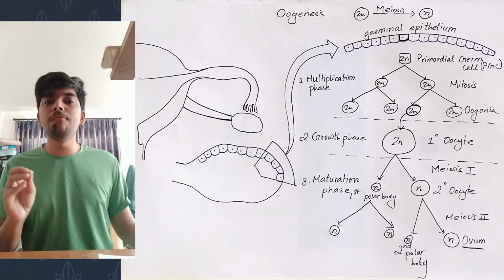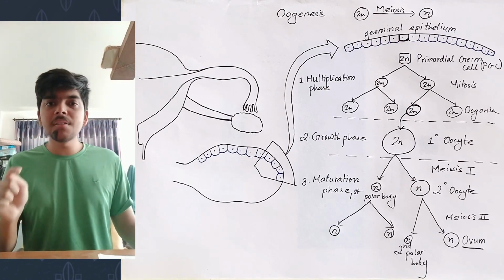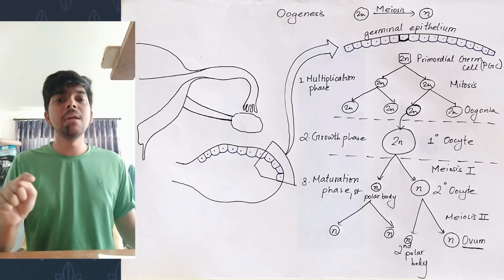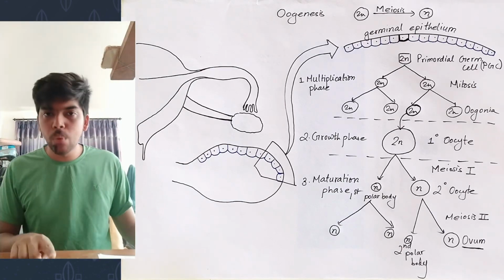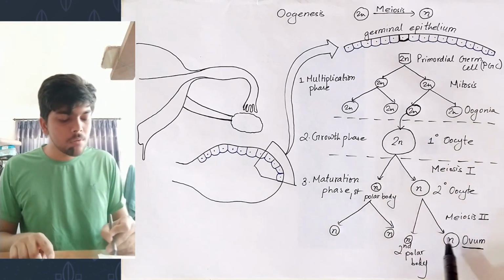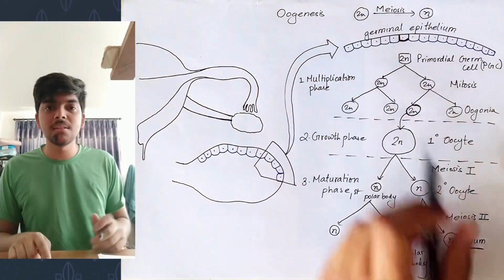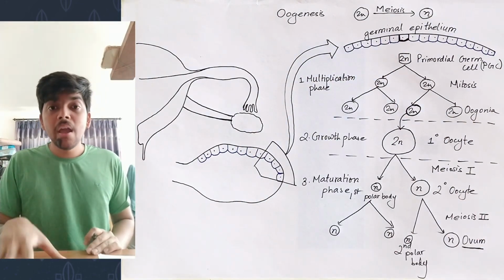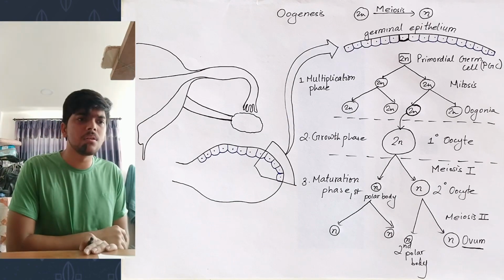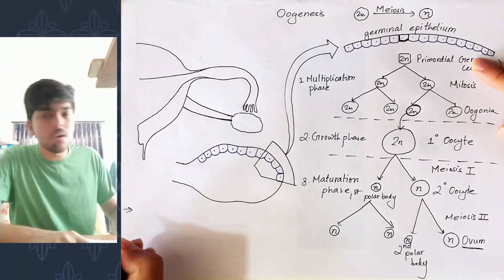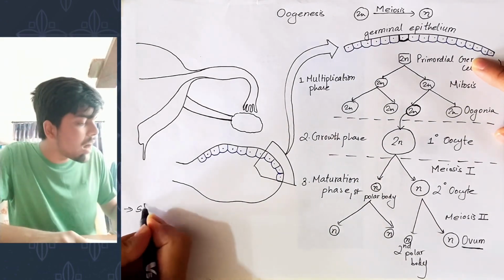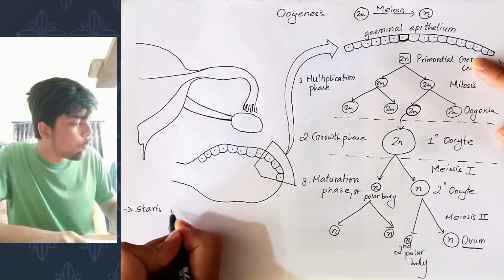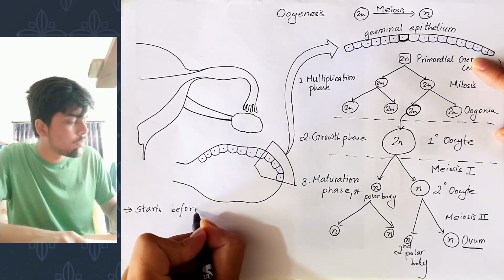The process of formation of sperm starts in male as soon as the boy hits puberty. However, the process of formation of ovum or egg, or oogenesis, starts in girl even before birth. Surprising, isn't it? It starts before birth.